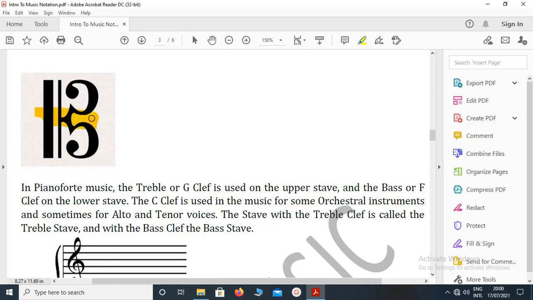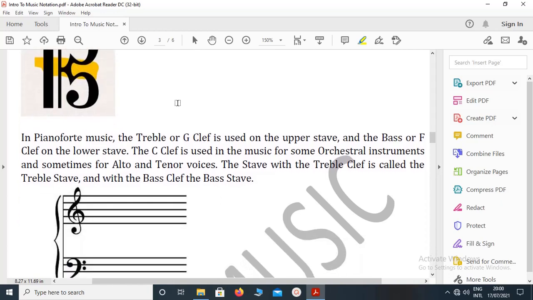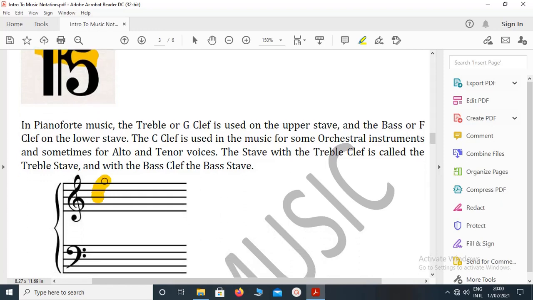So, assuming this was the musical instrument and it was placed around this area, in this line, that would become what we call the tenor, whereas the alto would appear in this line.